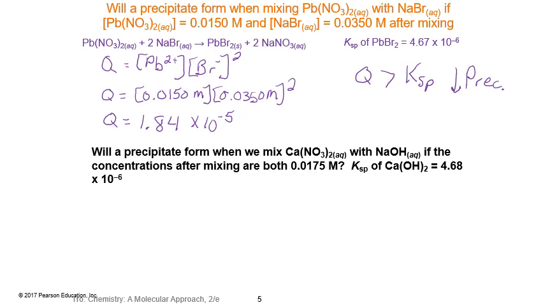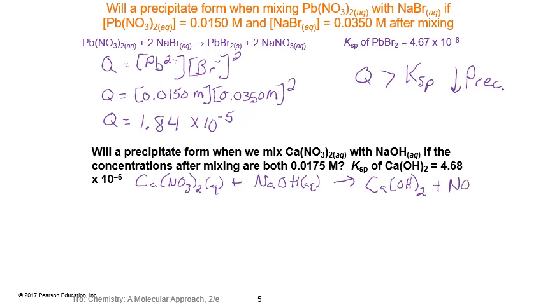So our equation is going to be calcium nitrate plus sodium hydroxide, and we're going to form calcium hydroxide and sodium nitrate.